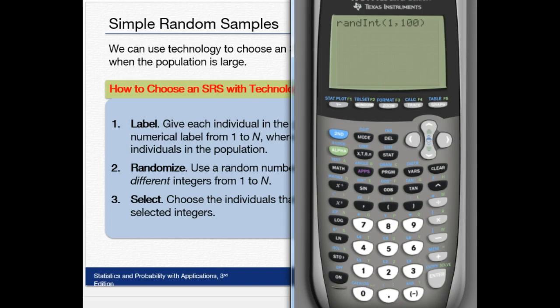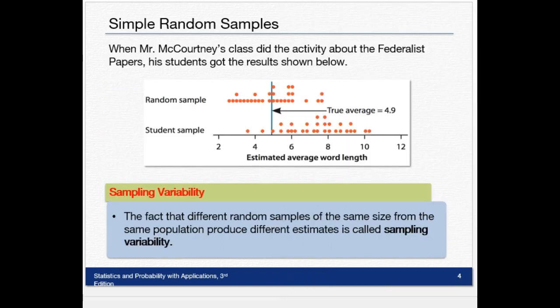Close the parenthesis, and if you hit enter, it's going to randomly choose a number between 1 and 100. It picked 91. Great. Then I go to the one that I numbered 91 and get the information from them. Then I could go again, and look, it shows 15. And again, it shows 52, and so on and so forth. This is a random number generator that you can use in your calculator. It's pretty easy to use. It's not perfect, but it works pretty well for our class. And I'll show you more of this again.